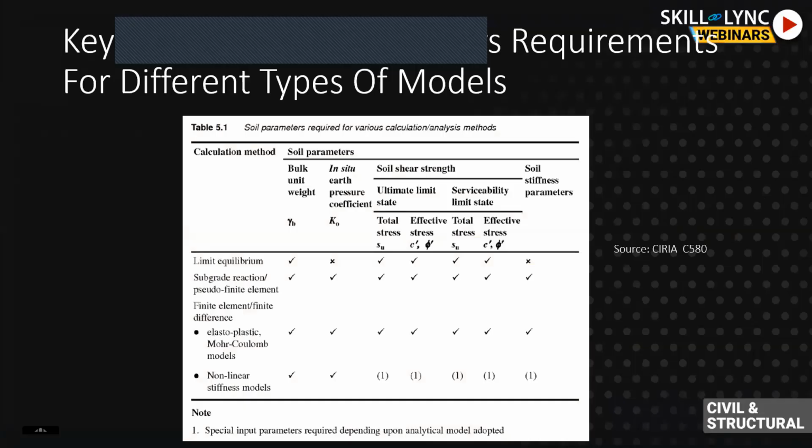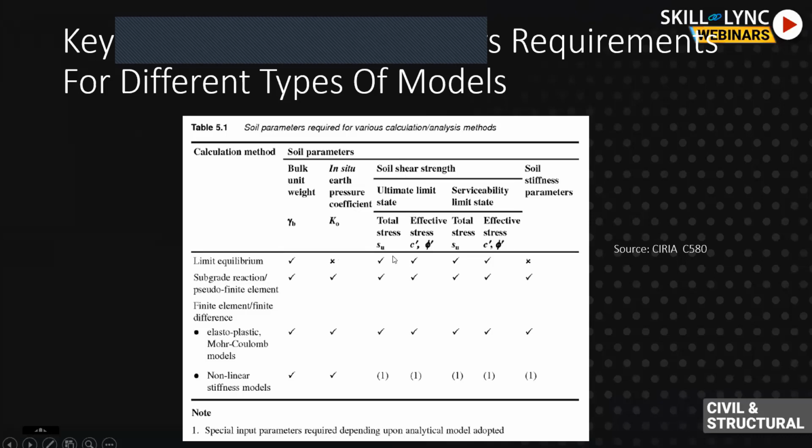These are the general input parameters of soil which are required for limit equilibrium, pseudo-finite element as well as finite element methods. You can see the most general parameter is bulk unit weight, which is required for all the methods. The in situ earth pressure coefficient is not required in limit equilibrium but is required in the others.